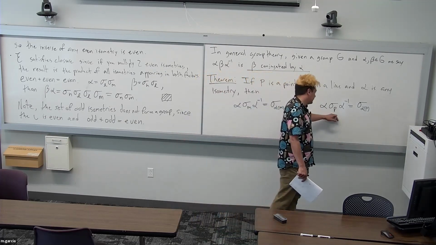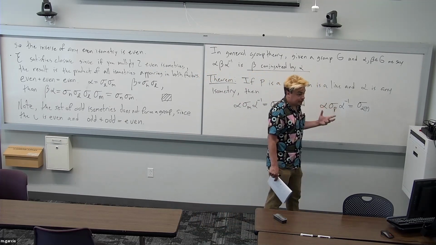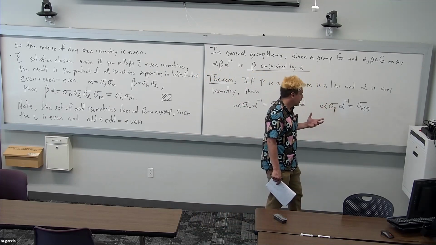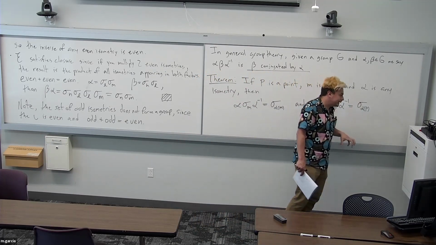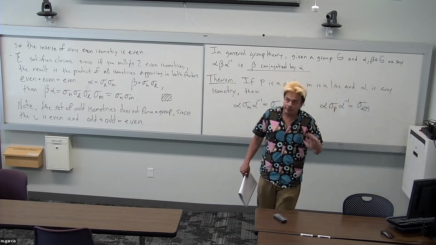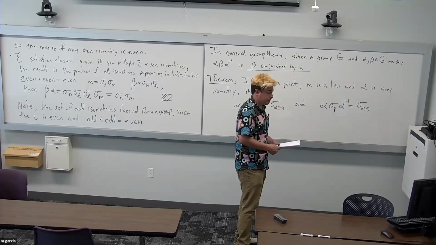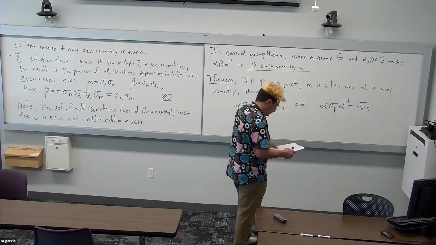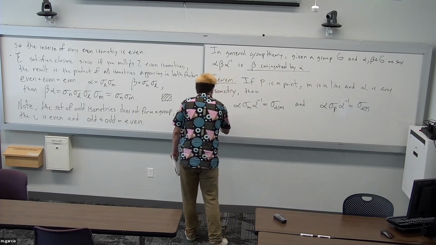Okay, caution here as well. Sigma sub P is a half turn because P is a point. Okay, and sigma sub alpha of P is the half turn about the image of P under alpha. Okay? So, let's prove this.